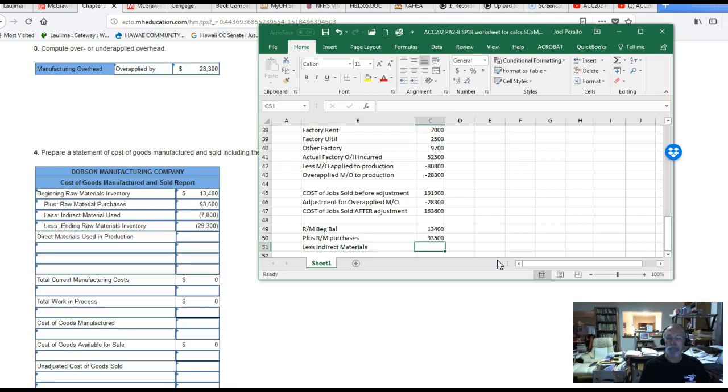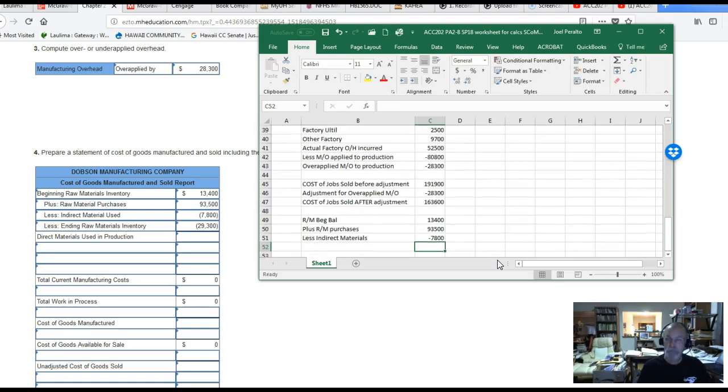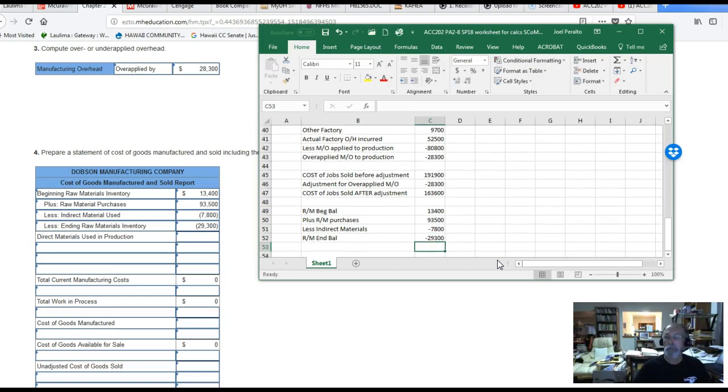materials. And again, indirect materials are transferred into overhead, so they become part of production through overhead allocation or application. And that amount was 7,800 negative. And then finally our raw material ending balance, which is also subtraction, minus 29.3.